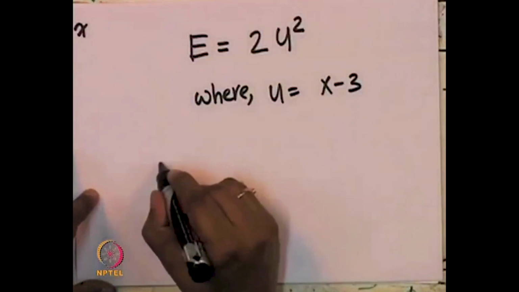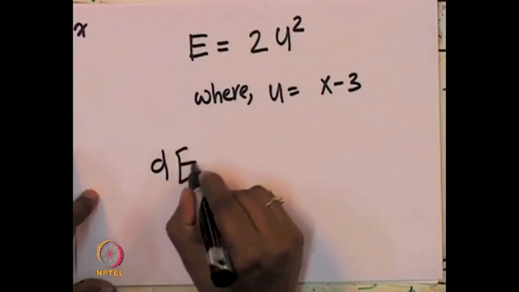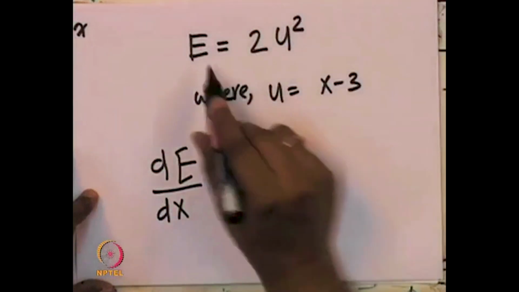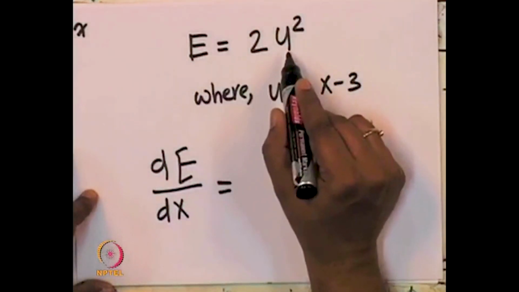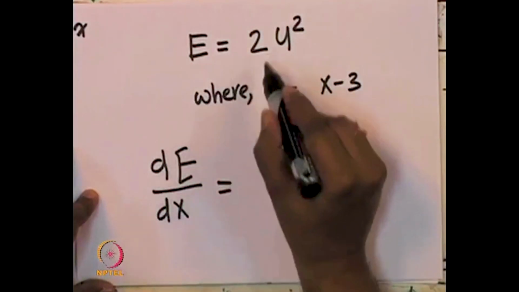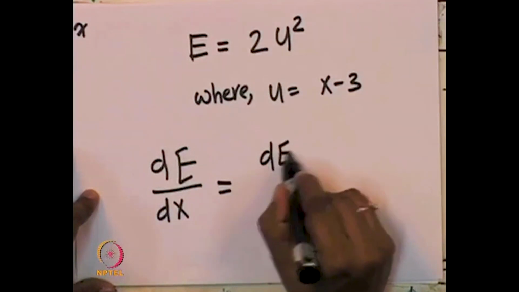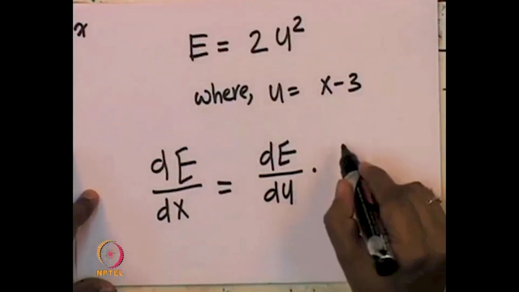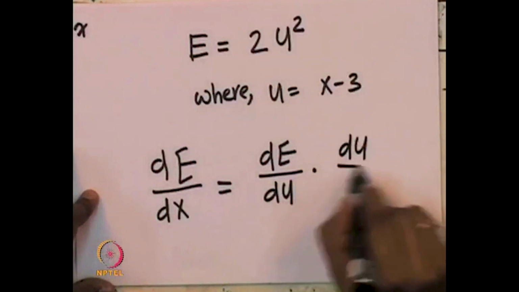If we want to find dE by dx, the rule we learned is that E is a function of u first and u is a function of x. So first you find the derivative of E with respect to u and multiply it with the derivative of u with respect to x.